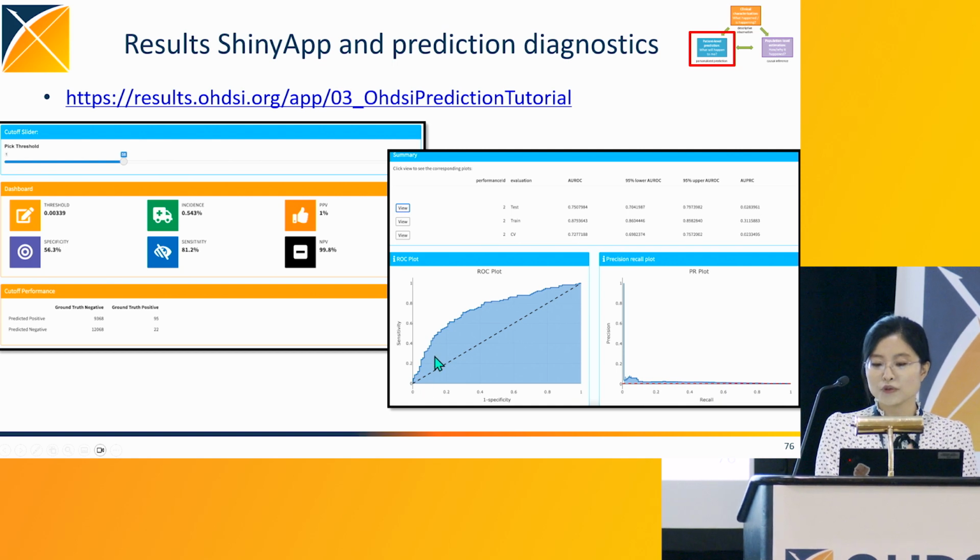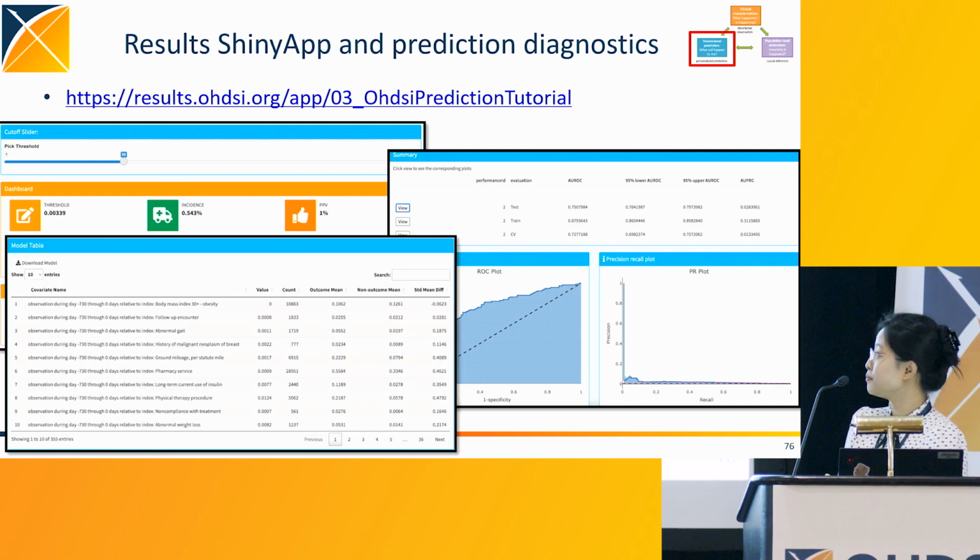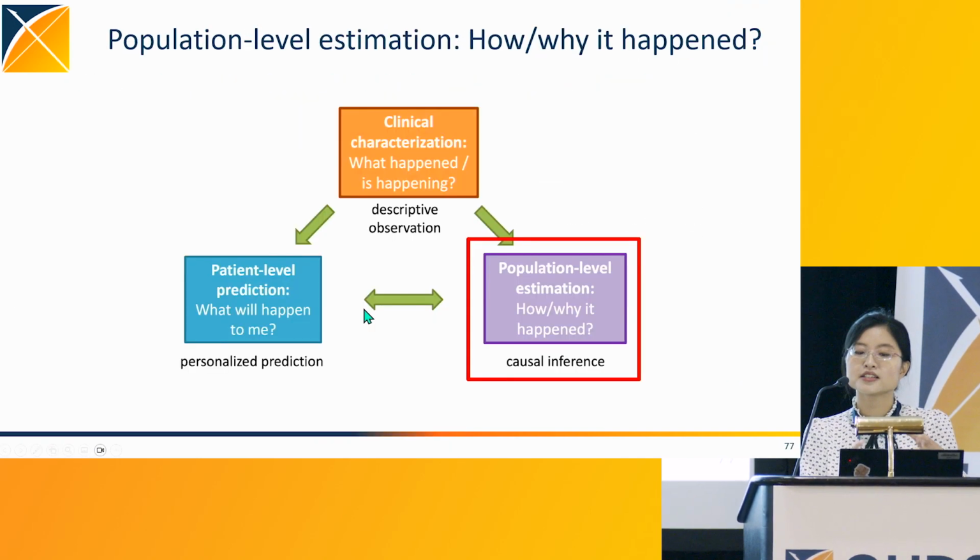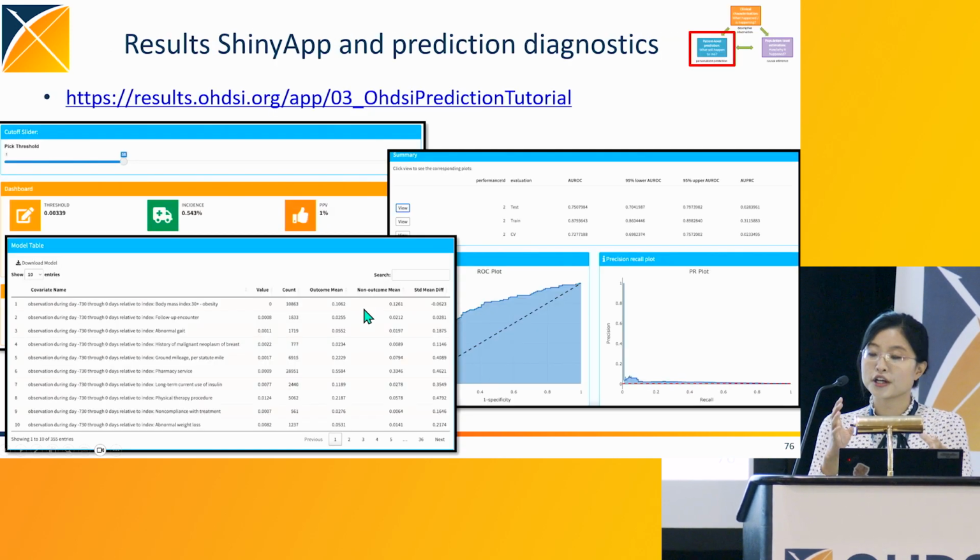So we would typically like to see this bulged shape. This basically means that our machine learning model is doing much better than a random guesser. And I guess for me, at least, the best part is that you can actually look at the coefficients that explain the association of the predictors and the outcome of interest. And you also hit this little button to download the model for your future use.